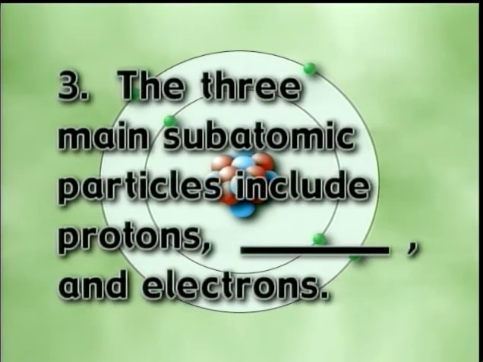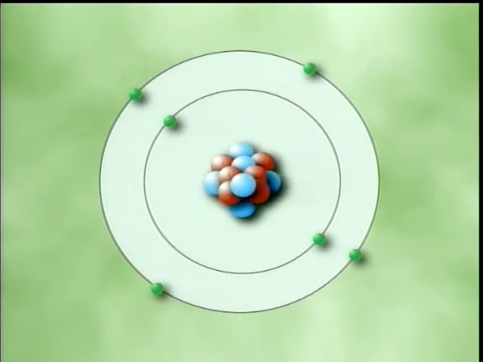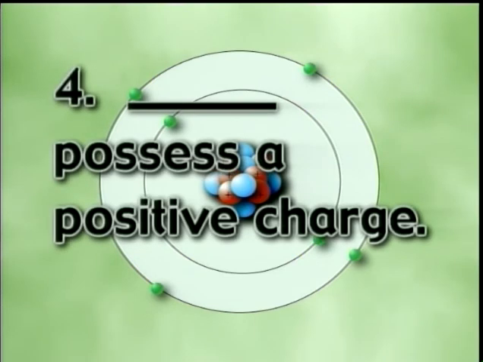Number 3. The three main subatomic particles include protons and electrons. Number 4. Possess a positive charge.